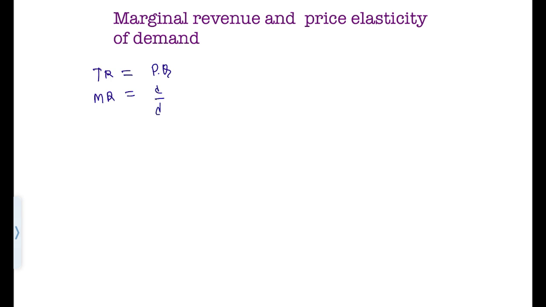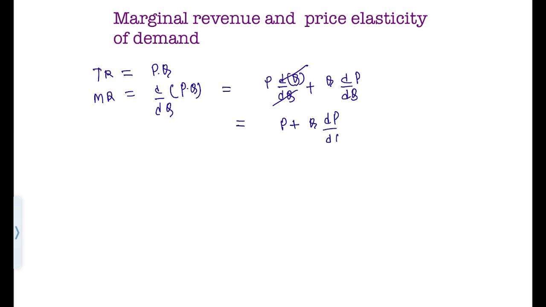On differentiating P times Q, we get P, differentiated with respect to Q, plus Q, differentiated with respect to Q, that is P. You can cancel dQ, and this would be equal to P plus Q dP upon dQ. So this is our marginal revenue.